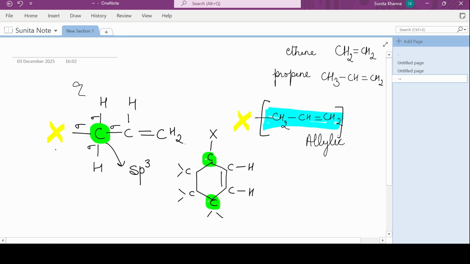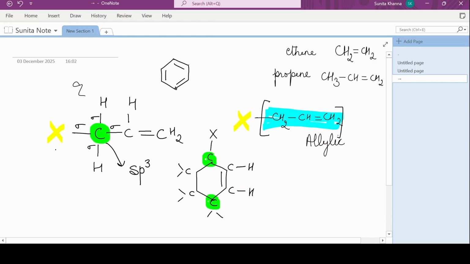Another is the benzylic halide. As we have the allylic group, the same way we have the benzylic group. But as the term indicates, it has something to do with the benzene ring. I draw the benzene ring here, with alternate single and double bonds.